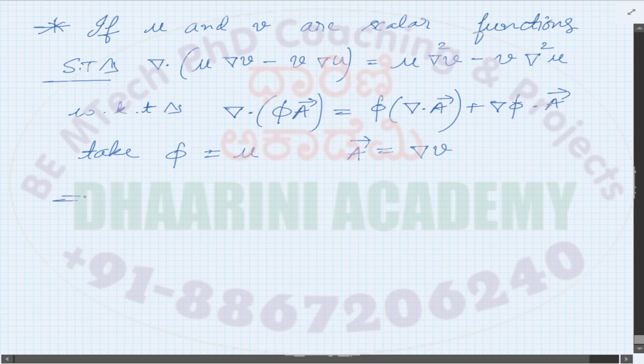So we apply this in the above equation, so that makes it del dot of u into del v is equal to u into, in a bracket, del dot del v, that is the first term, plus del phi becomes del u dot del v.